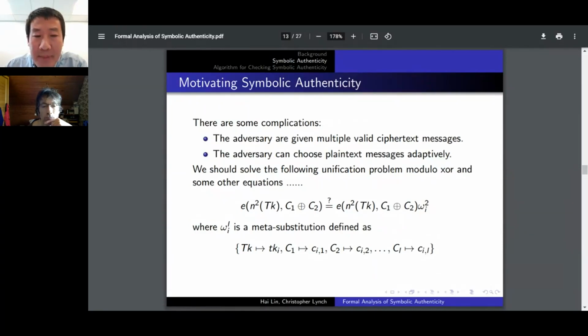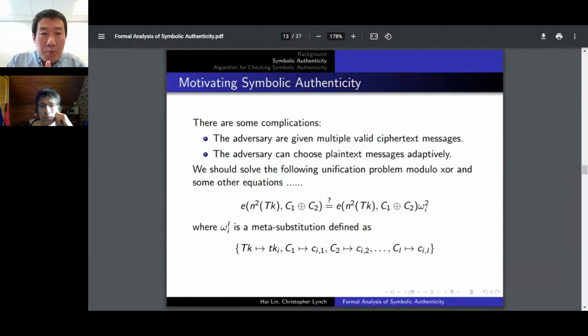And it's a meta substitution. It can be instantiated by instantiating I and L, where L denotes the length of the message. So in this case, the length of the message is 2, so L is instantiated by 2. And so on the right-hand side, we have the tag of the I-th ciphertext message that the adversary received from the oracle.